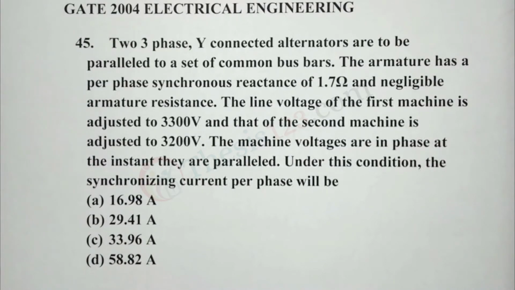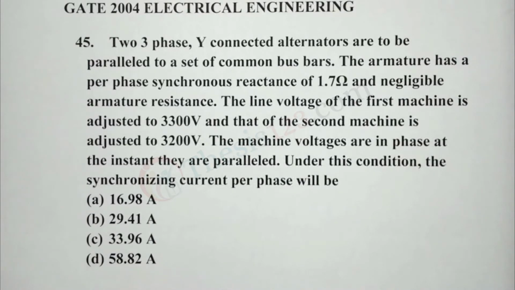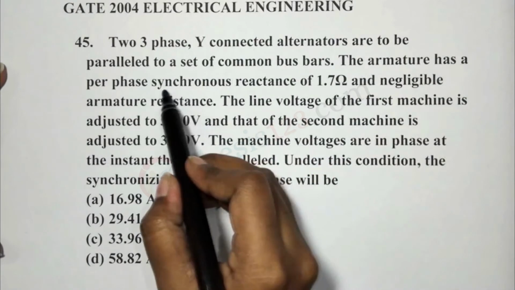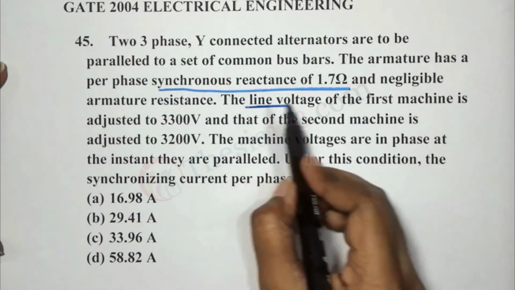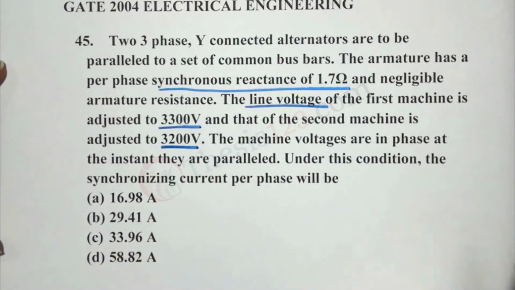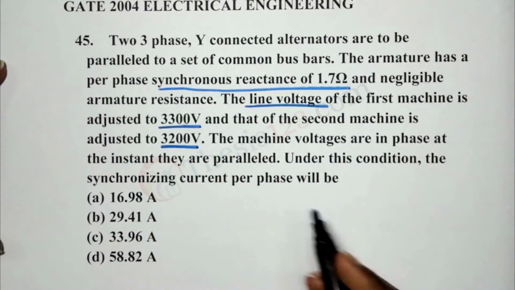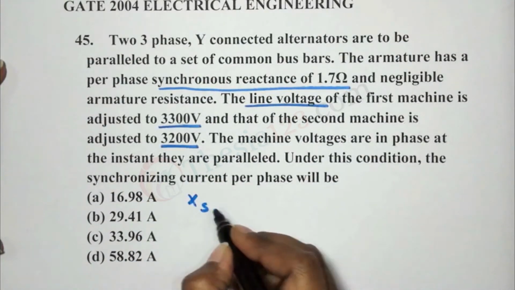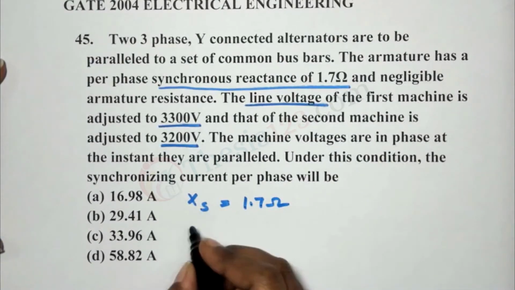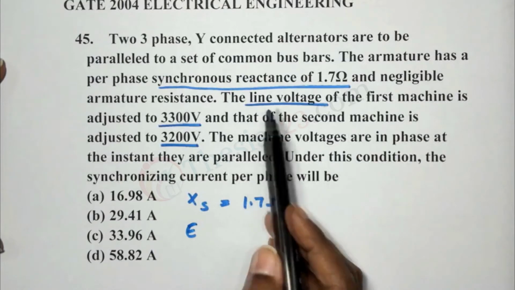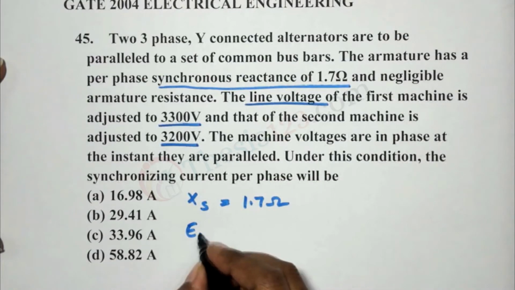So let's start by writing down what's given to us. We have the synchronous reactance given as 1.7 ohms. We have the line voltage of the first machine, line voltage of the second machine. Let's call the line voltage of the first machine EL1.